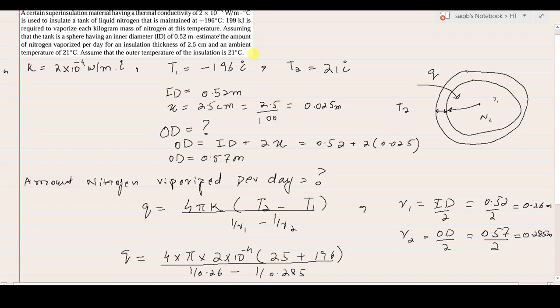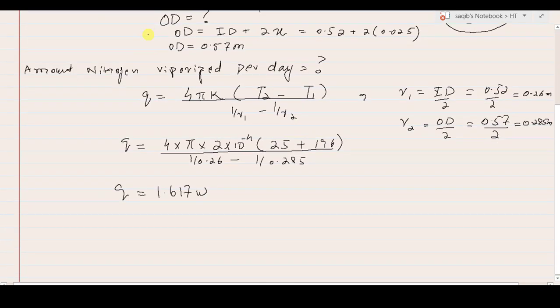Now in the statement they say that when this much heat is provided, it will produce 1 kg of nitrogen vapor. So if this much heat is supplied inside this tank, then 1 kg of mass of nitrogen will be produced.